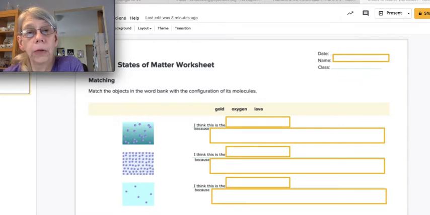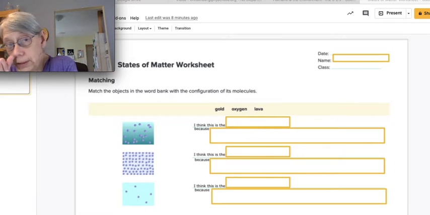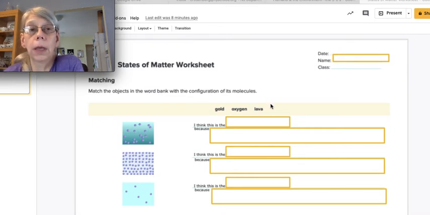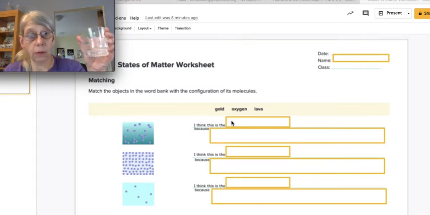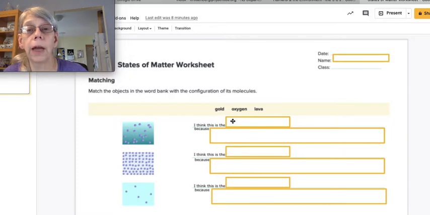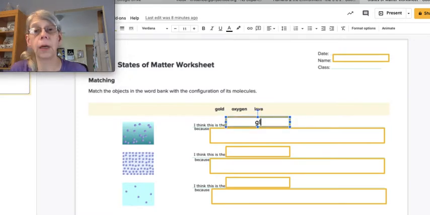Okay? So, with that in mind, we're going to talk about 3 different substances here on the worksheet. Okay? Gold, oxygen, and lava. All right? And keep in mind what I just said and what we learned from the video yesterday, and click in this box. Okay? We're going to use my examples here. So, like if you think this is the glass, then you would click in there and you would say glass.